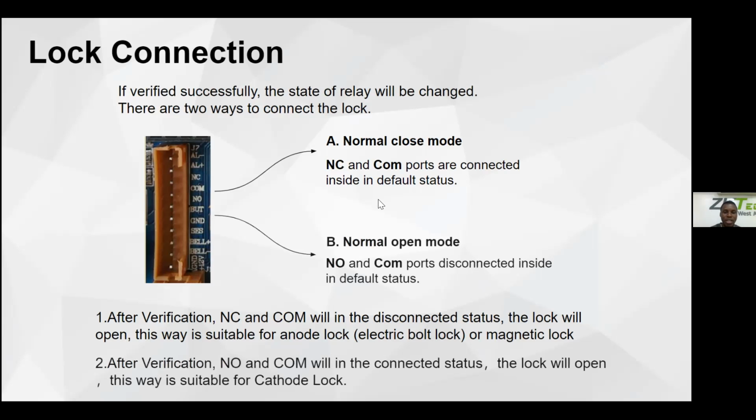Then another way is the normally open mode. The normally open mode is, after verification, the NO and COM will be in connected status and the lock will open. This way is suitable for the cathode lock.